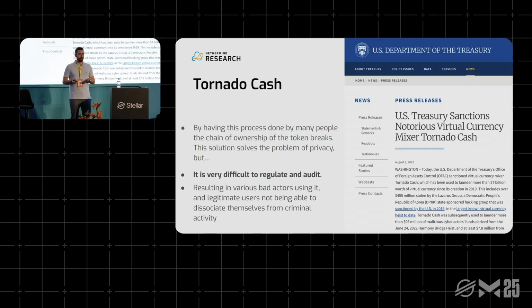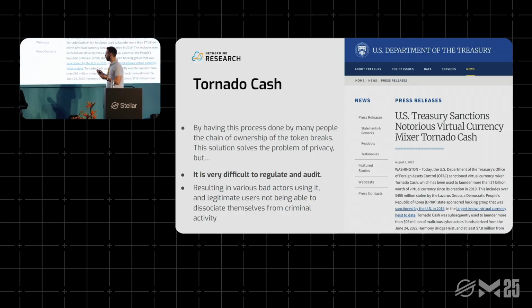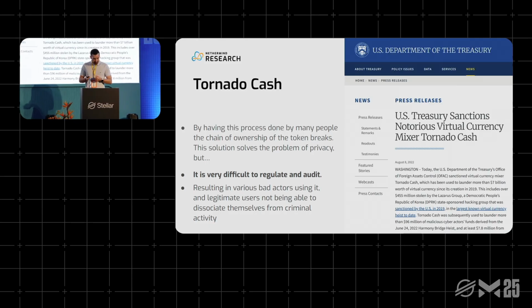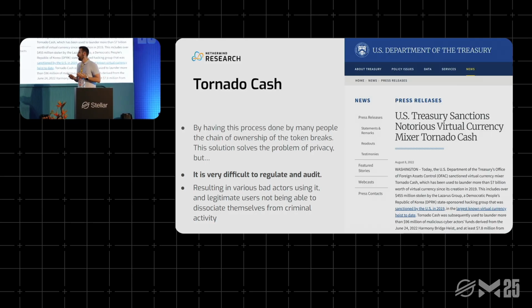Basically, you cannot tell lawful users and illicit users apart, so you mix people that perhaps don't want to be associated with unlawful activity, and because of that, Tornado Cash got sanctioned by the US in August of 2022. We want Stellar to be actually used for good, though.